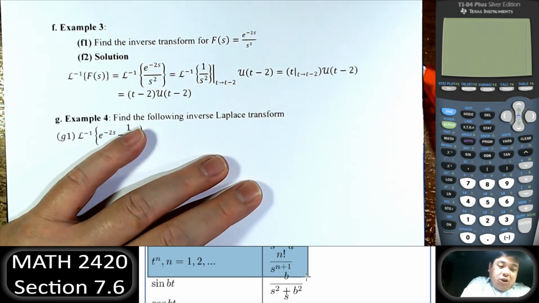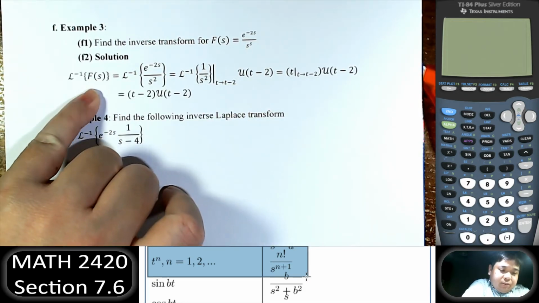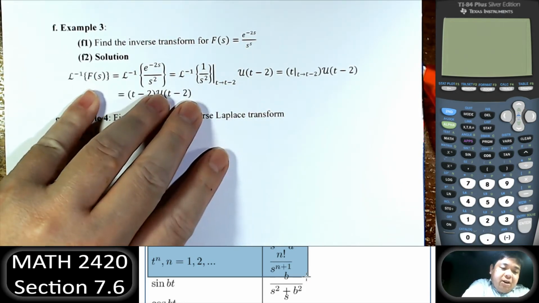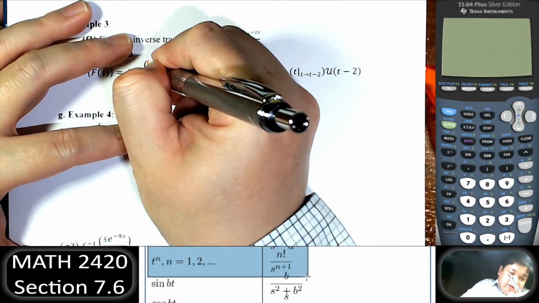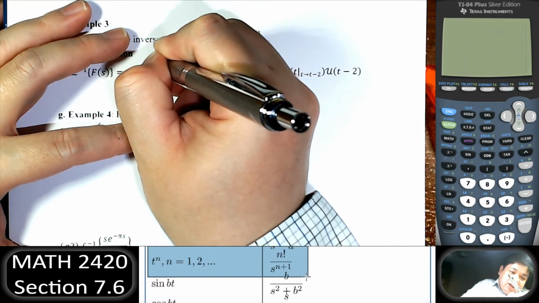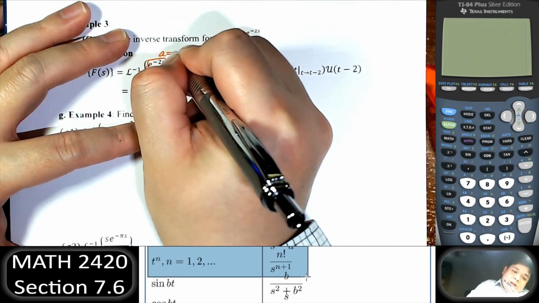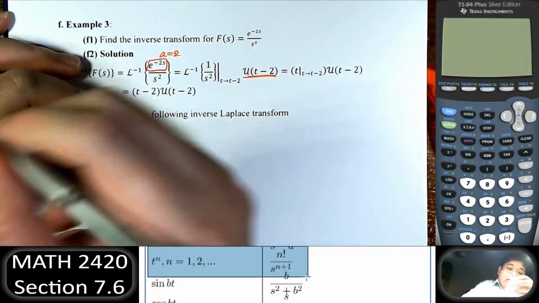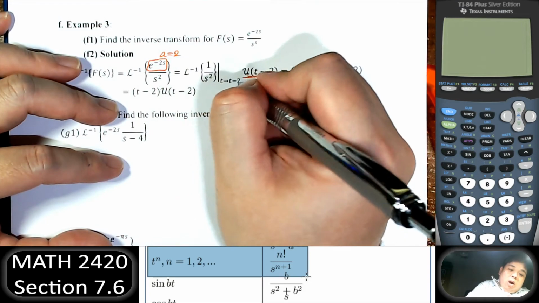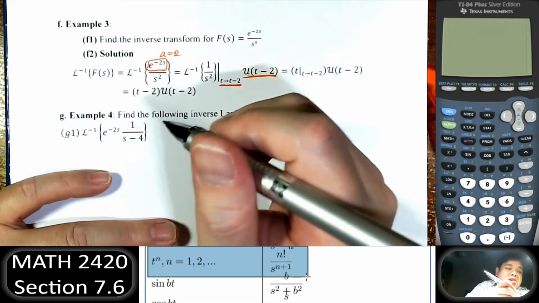Find the inverse transform for that. Right, so first we write like this. When we see the e to negative something s, there will be two things. This is 2. So first we have u of t minus 2, and then do the transform of what's left, but at the end have to have t replaced by t minus 2.